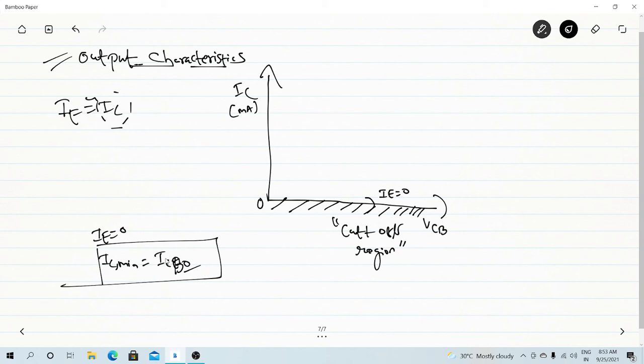So when IE becomes 0, the minority current is equal to ICBO. Only the minority carriers can flow in the cutoff region.